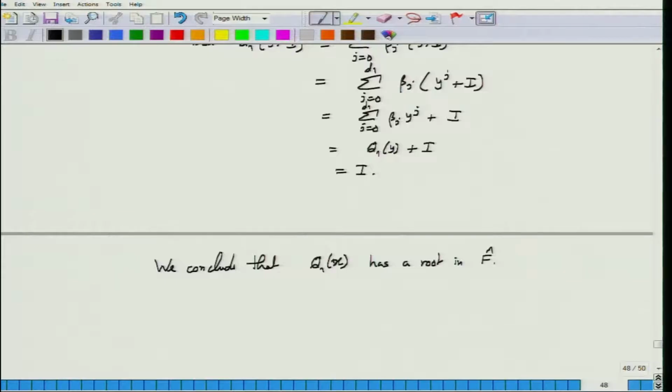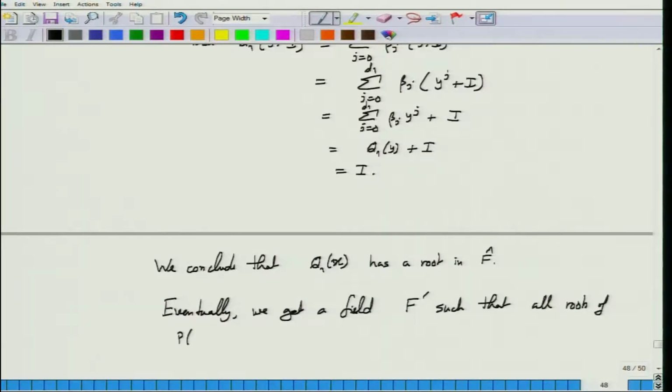So this iterative process will eventually give me a field, let's call it F prime, such that all roots of p of x lie in f prime.